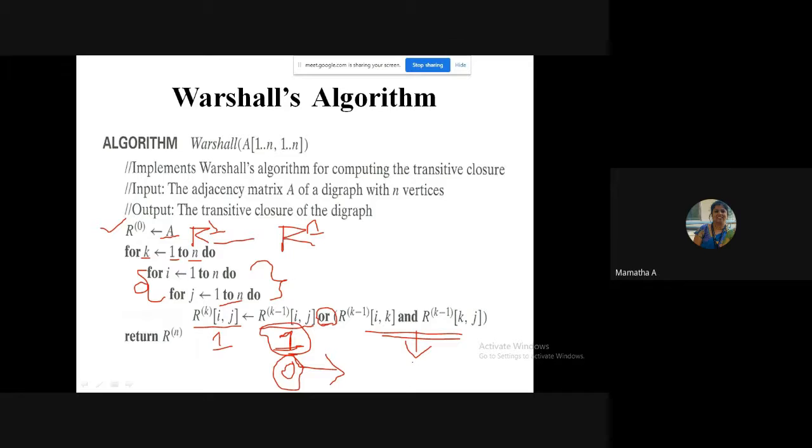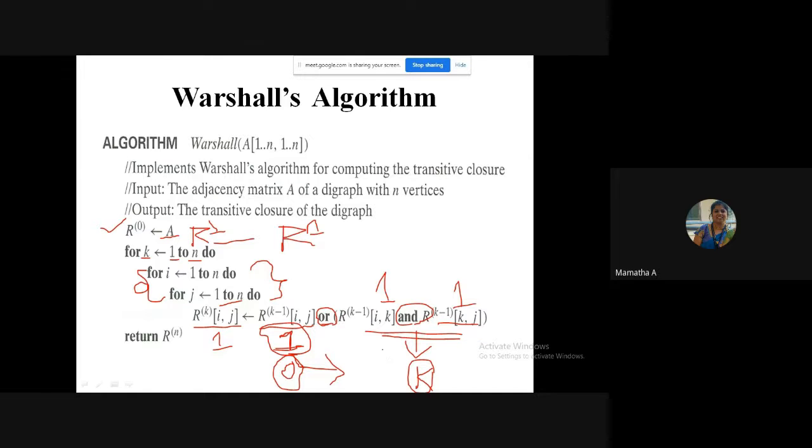If there is no path, I should check whether there is a path through the intermediate vertex k, that is Rk minus 1 I comma k. So this should be 1. And so I have used the operator AND here, and Rk minus 1 k comma j should be 1. Hope you are all understanding, right?